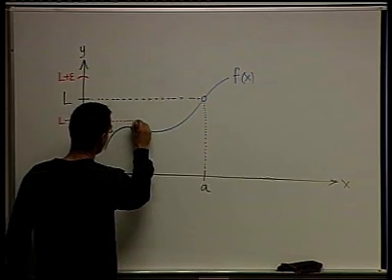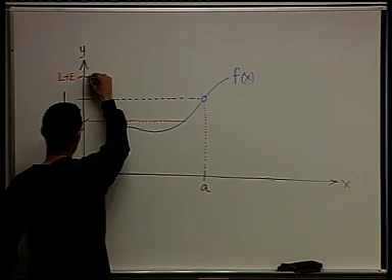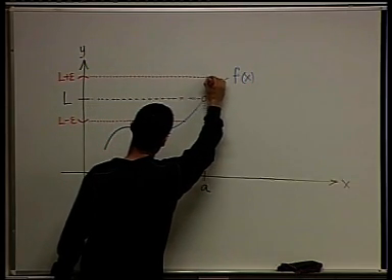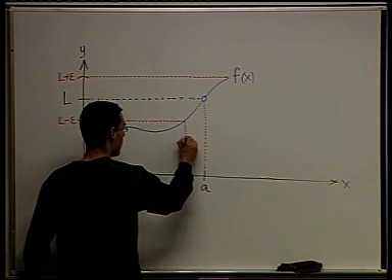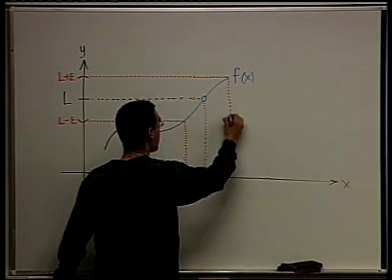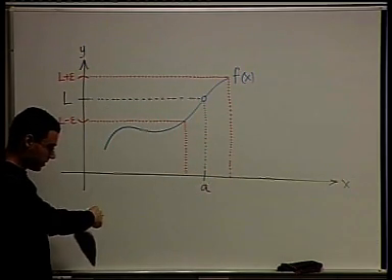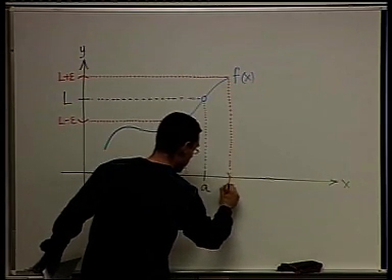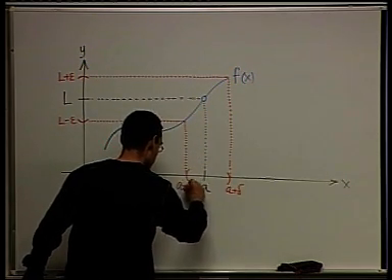I trace this epsilon neighborhood of L until I hit the graph. Likewise from the top. Once I hit the graph, I go down to the x-axis. There we go. This is going to be my delta. Okay? So this is going to be A plus delta, and this is going to be A minus delta.